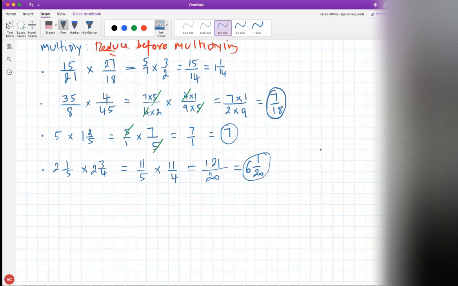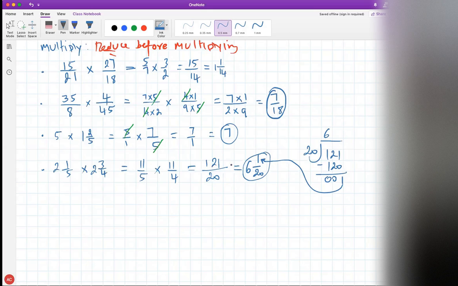Or feel free to do the regular division on the side. Most of the time you won't have to. 6 times 20 is 120, you subtract, and you get 1 left. So that 1 goes here, and the denominator stays the same.